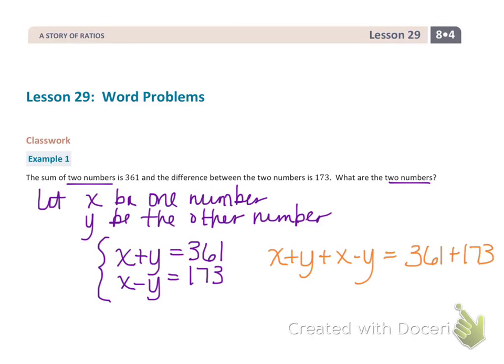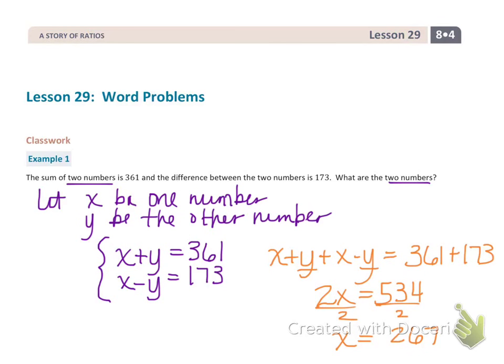When I notice here I've got plus y minus y, so I can see this is 2x, because it's x plus x. 2x is equal to this sum right here, which is 534. Then dividing both sides by 2, I'm going to get x is equal to 267.